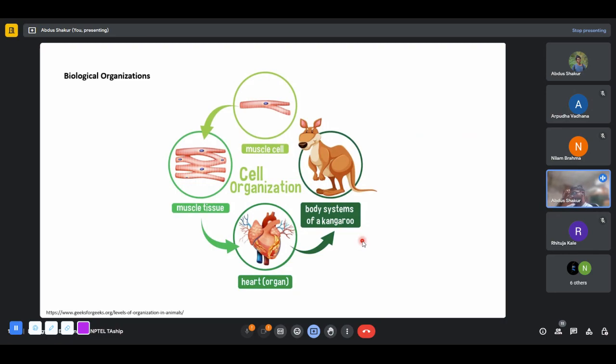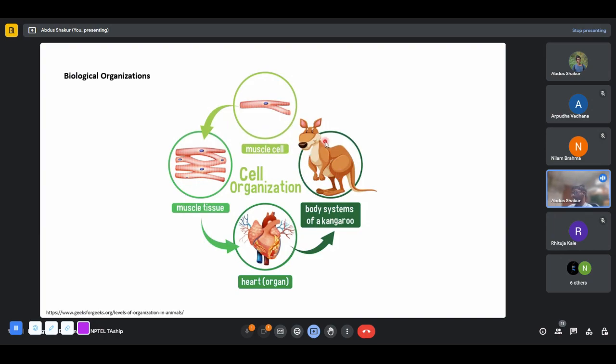So how are these systems organized? Since we are talking about species and those interactions, for instance atoms, we all know how they are organized. If you look at the organization of a single individual of a single species, you have cells that together form a tissue, that together form an organ, and organs together form an organ system.